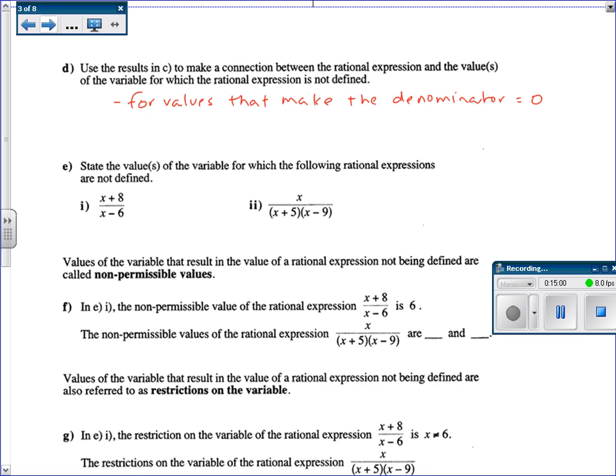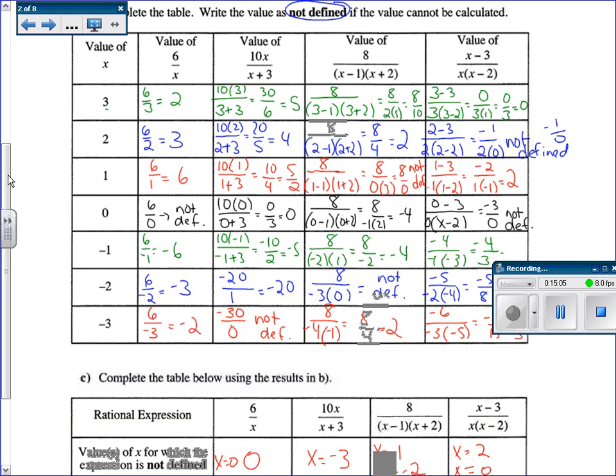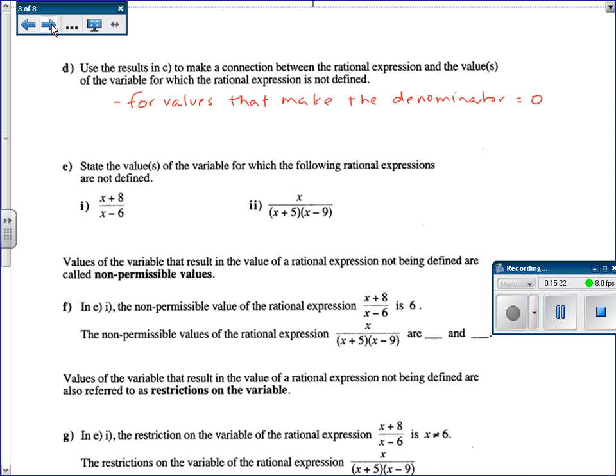So if we go back here, whenever we have a denominator equal to 0, that's when it's not defined. And if you look at this, in 6 over x, the denominator is x. So we just make the denominator equal to 0, and that's how we get our non-permissible values. This was undefined for x equals -3. So x plus 3 equals 0. We solve for x, we get -3, and so on. So that's what's going on.